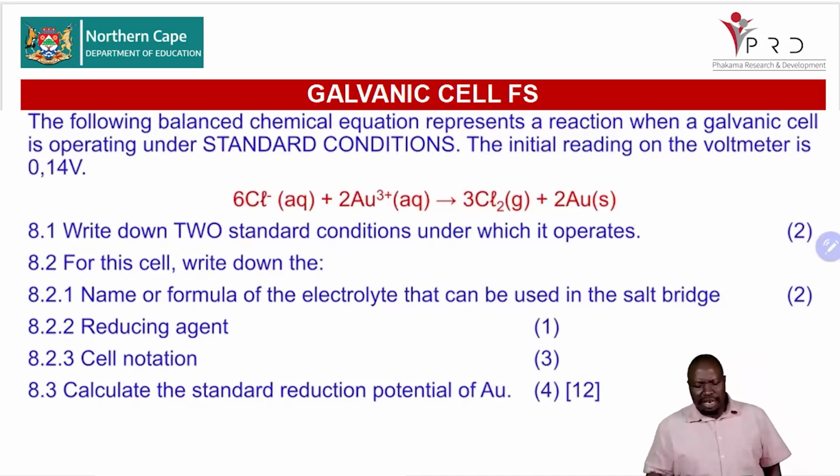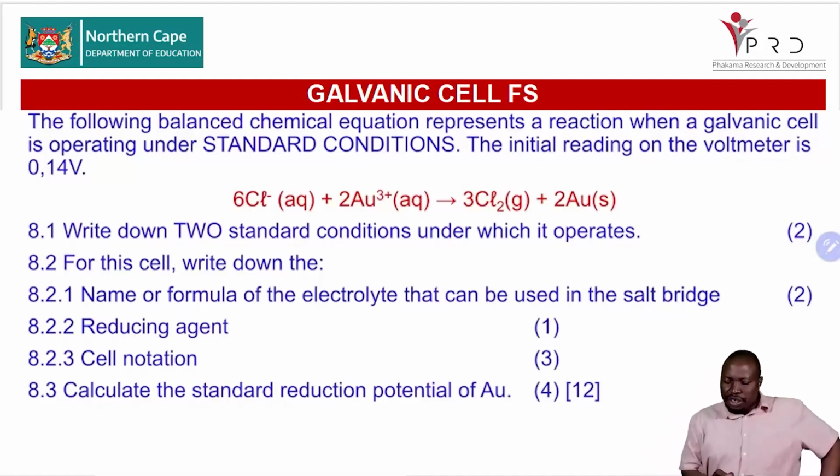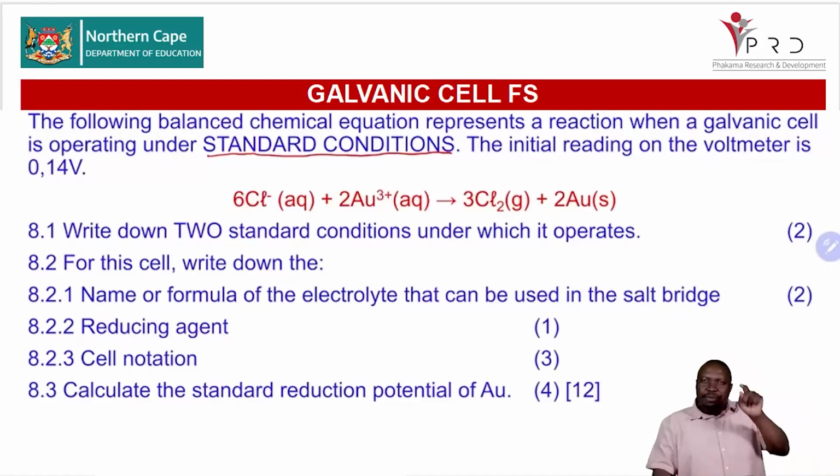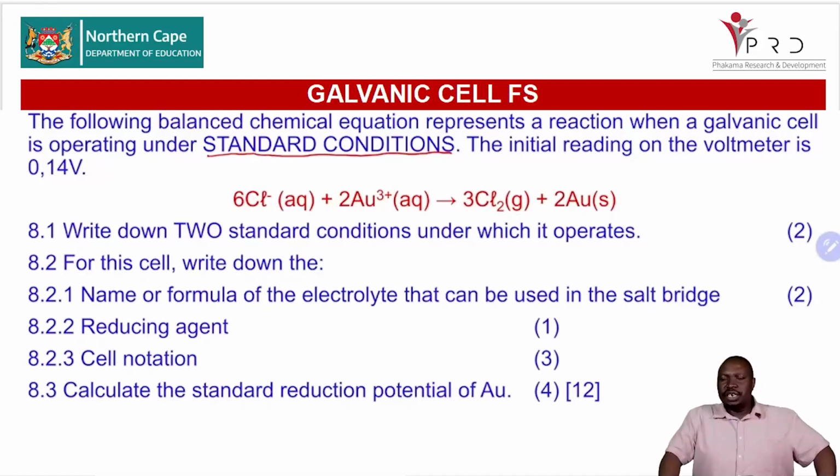Now, let's look at the galvanic cell. They are saying the following balanced chemical equation represents a reaction when a galvanic cell is operating under standard conditions. Immediately when we tell you under standard conditions, you know that we might be asked a question about standard conditions. Remember, we have 3 standard conditions.